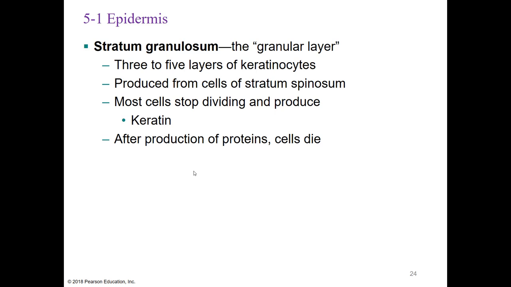As we move closer to the top of the skin, we're going to see that in the very top layer of skin the cells are dead. And this is good because this top layer of skin is our protection layer, and what a great protectant than something that's dead, because you can't hurt it. As we get closer to the top, we're going to see that the cells are not alive.